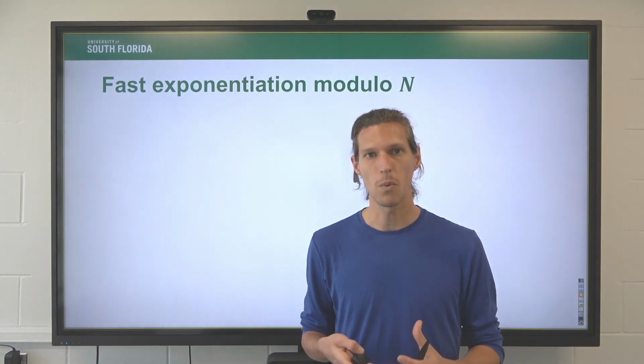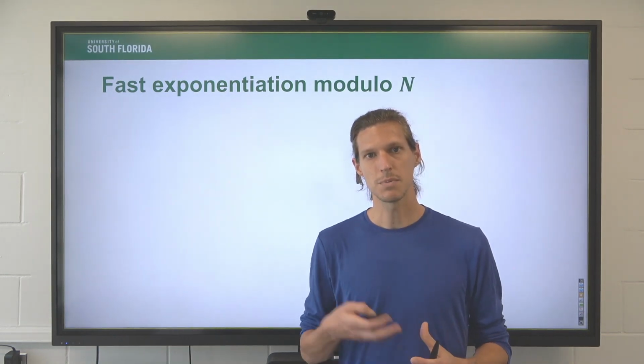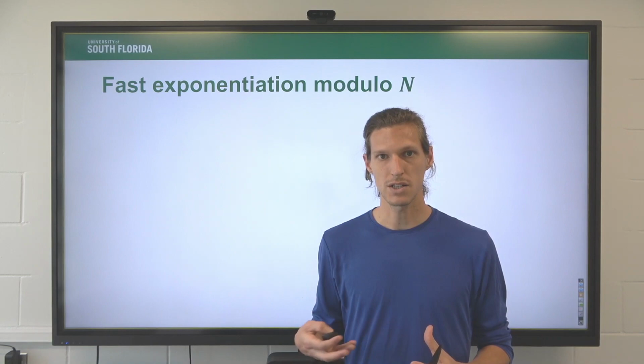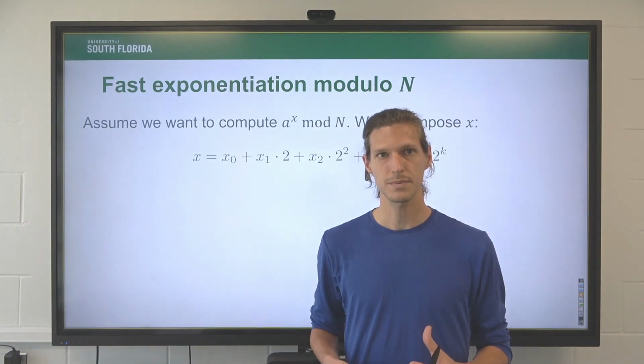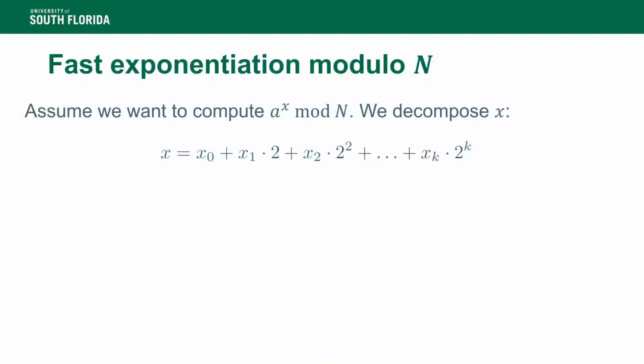You need to figure out a way to efficiently exponentiate a congruence class modulo a large number. So we assume that what we need to do is this operation here. And like I said before, here we're talking about calculating the remainder of a to the x modulo n, and it will uniquely identify the class of a to the x modulo n.